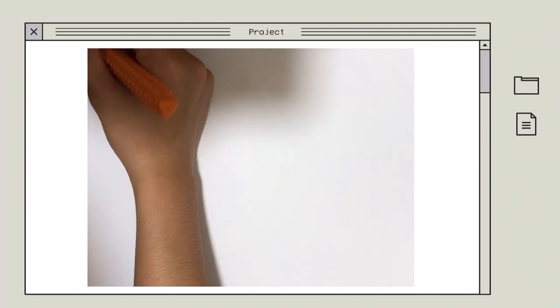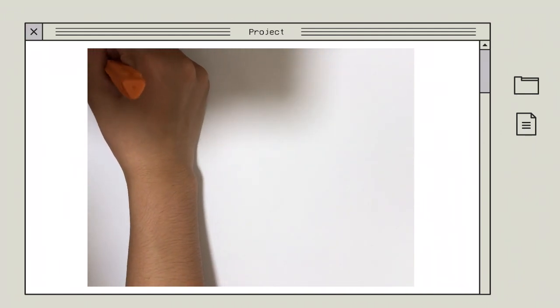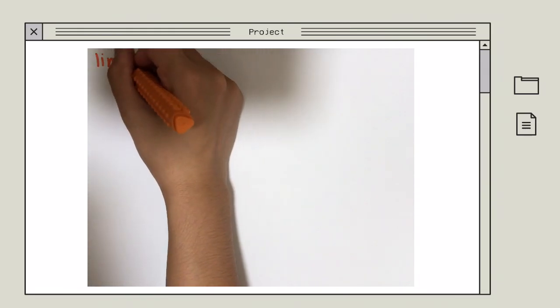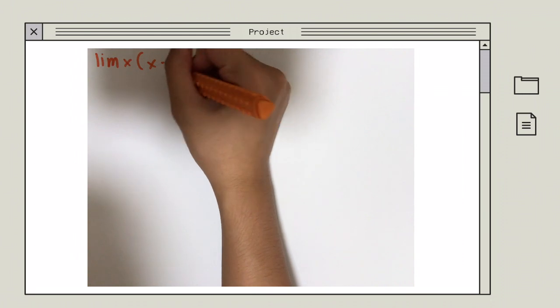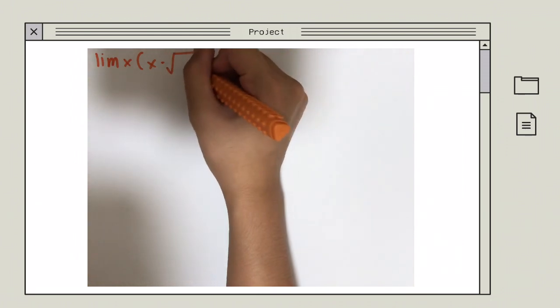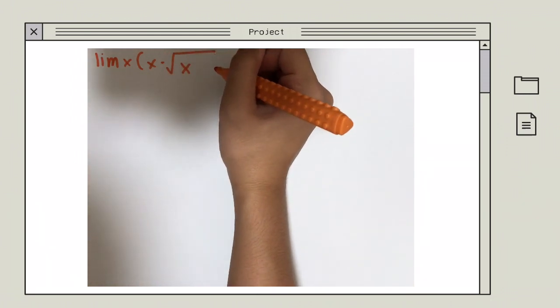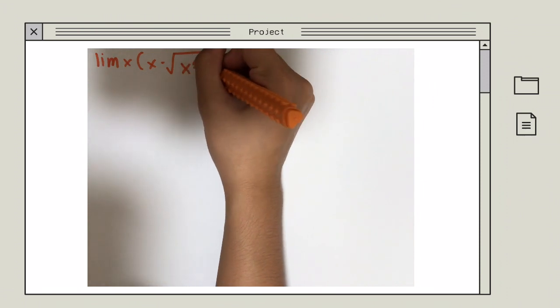So for our first example, we will do the limit as x approaches infinity of x minus the square root of x squared plus 1.